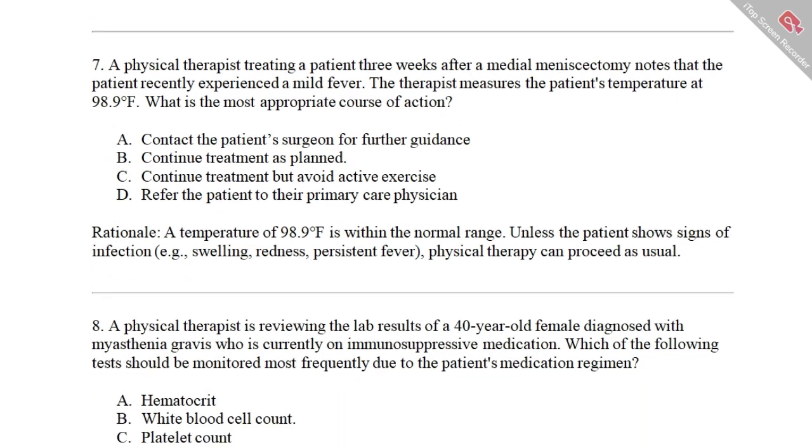A physical therapist is treating a patient 3 weeks after a meniscectomy. Note that the patient recently experienced a mild fever. The therapist measured the patient's temperature at 98.9 degrees Fahrenheit. Which is the most appropriate course of action?